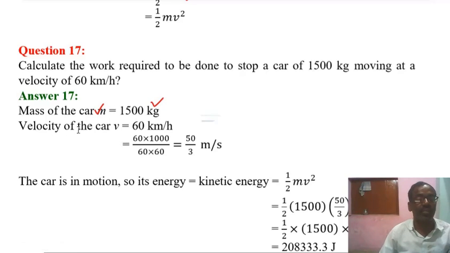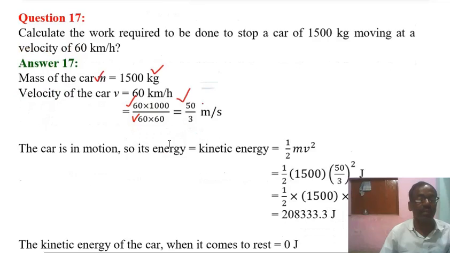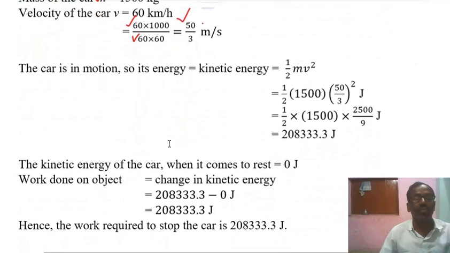The velocity of the car is 60,000 meters per 3600 seconds, so 60 into 1000 over 3600, and after the mathematical calculation we get 50 by 3. There is motion, so the kinetic energy equals 1/2 mv squared, and after the proper calculation we get the answer in joules.